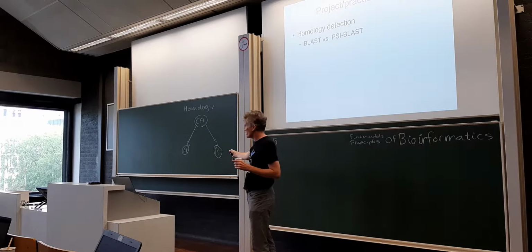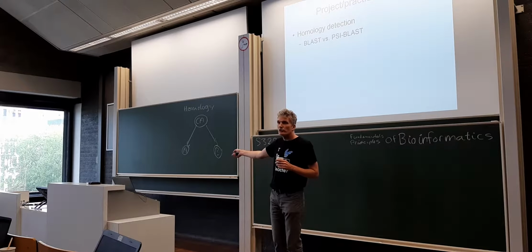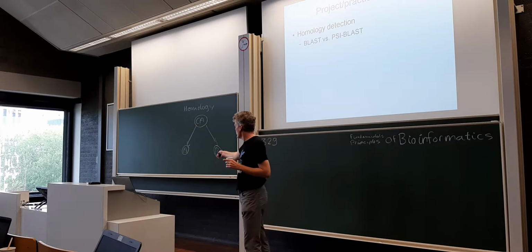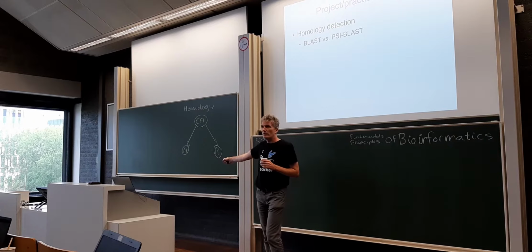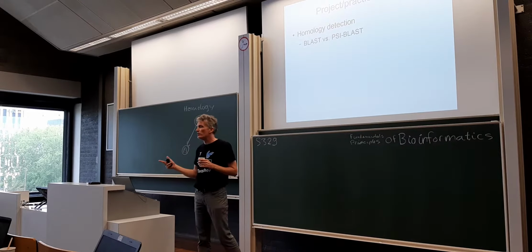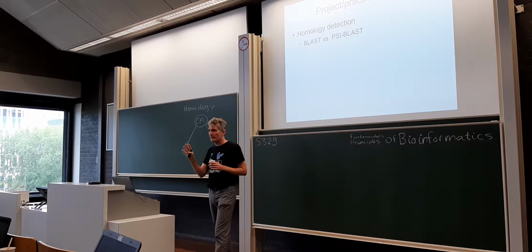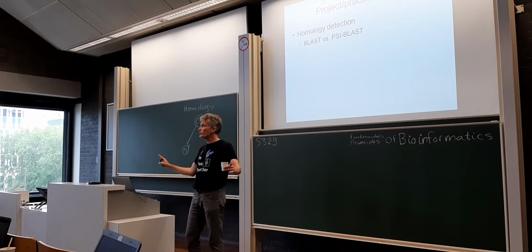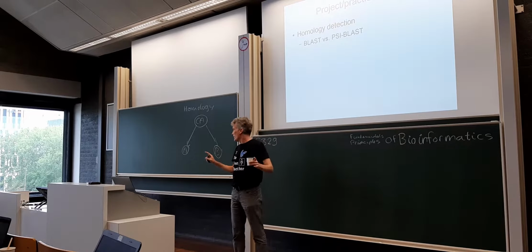But if you do know it's very likely to be homologous to gene A, then whatever you know about gene A is probably true for gene B: its structure, its function, its cellular location, lots of things. But it could be wrong, because things can diverge to the point where they have different functions, different structures, and so on. Okay.